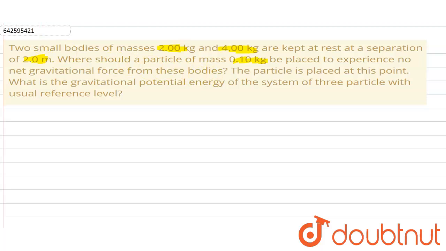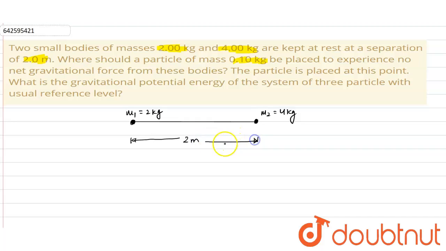Okay, so what we have been given in the question is that two small bodies having masses 2 kg and 4 kg are kept at rest at a separation of 2 meter. Let us suppose here a mass M1, that is 2 kg, and M2, that is 4 kg, separated by a distance of 2 meters.